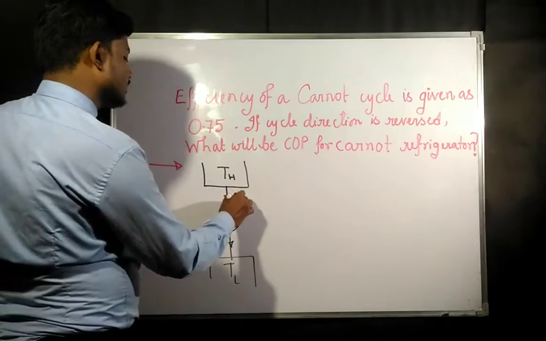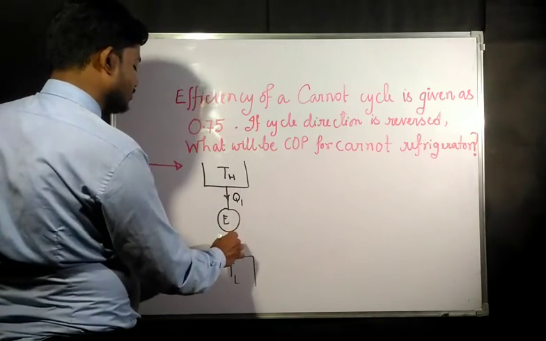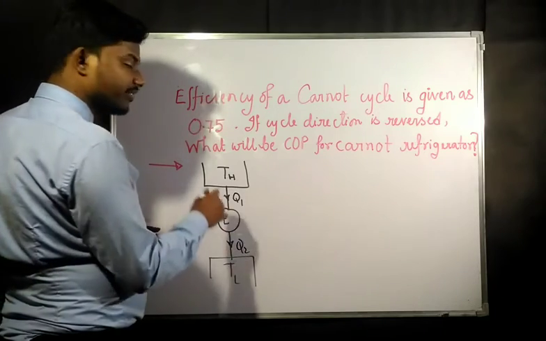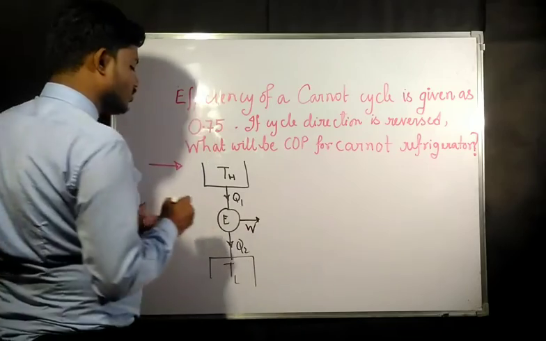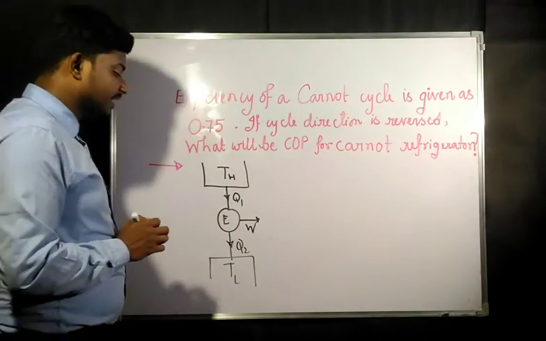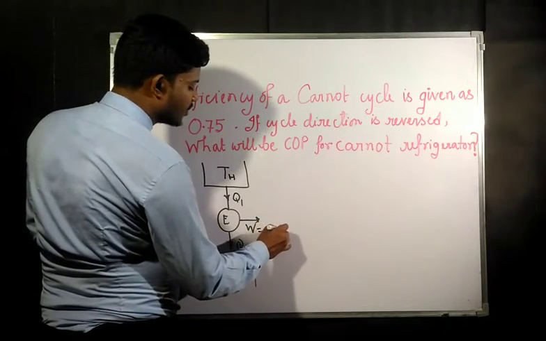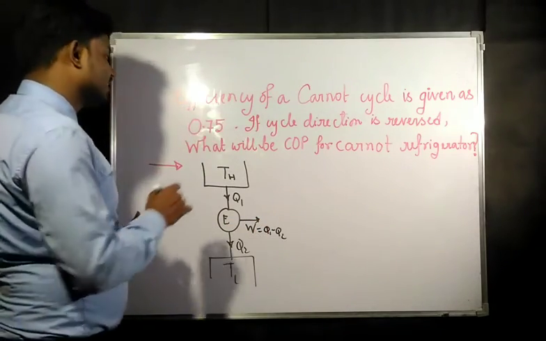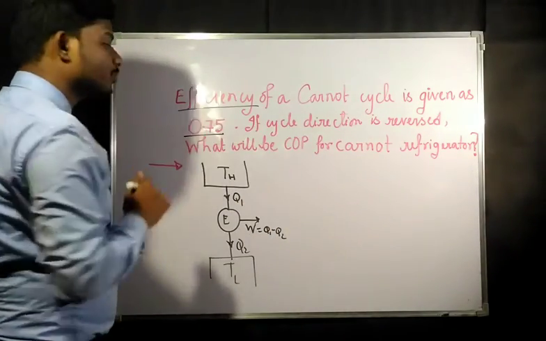Okay, let Q1 amount of heat be taken from TH, the higher temperature, and Q2 amount of heat be rejected to the lower temperature source, then W amount of work it is going to give. Now we know that W is equal to Q1 minus Q2, and the efficiency is given as 0.75.